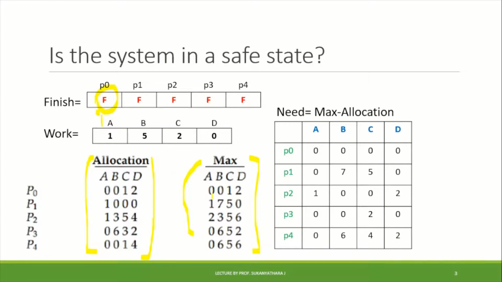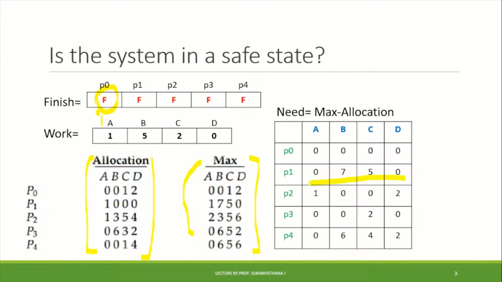So that means P0 doesn't require more resources. It can now peacefully terminate and leave. Then P1 needs 0 more instances of resource type A to complete. P1 needs 7 more instances of resource type B for completing execution, 5 more instances of resource type C and 0 more instances of resource type D.